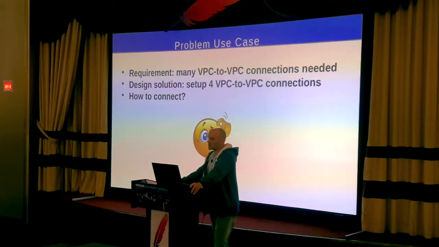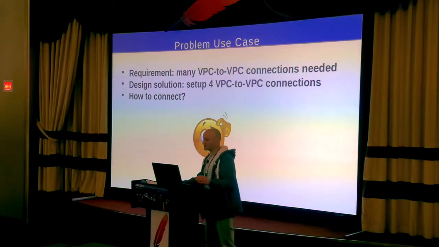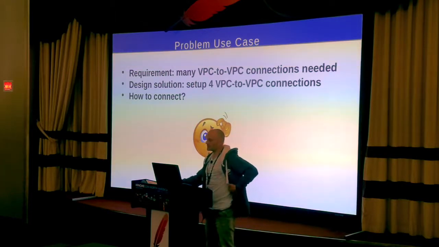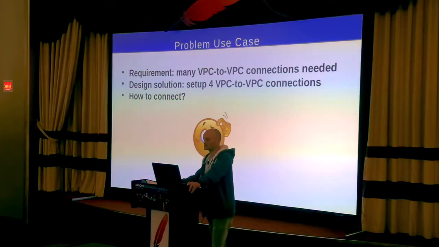So this brings us to our problem use case. We had a client at ShapeBlue that required a large number of VPC peerings. So basically, they had a large number of isolated and web and application tiers, around about 20 tiers, that needed to talk to each other.